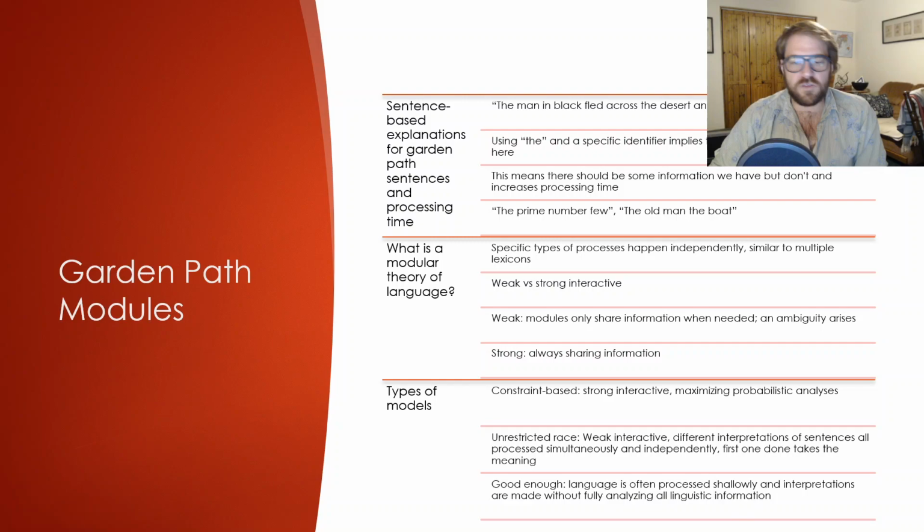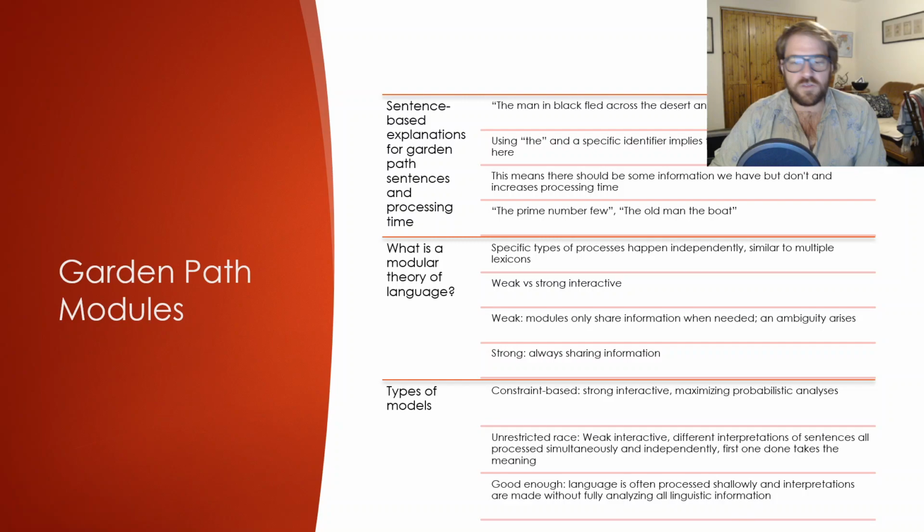The ball, the marble, in the internal attractor landscape. Probability makes a well. There can be other wells that are made too, but the more probable one is going to be deeper, and it's going to draw the marble into it without information the other way. So as you're listening to the unfolding of the old man, the boat, the old man, okay, very probable that we're going to say the old man. And here we go. Marble starts coming down, and then the boat, and that's the end of the sentence.